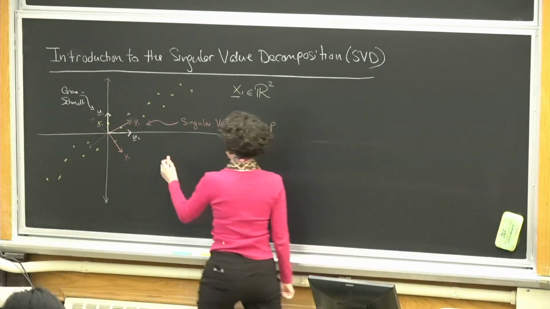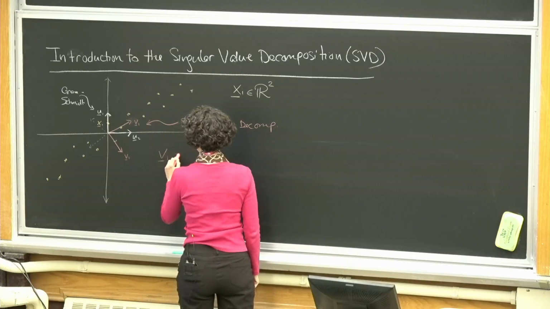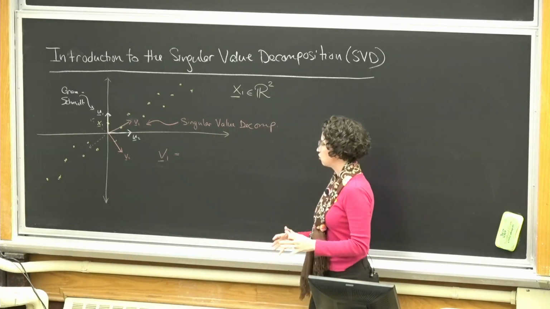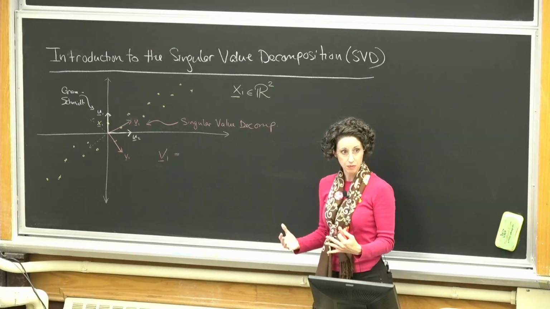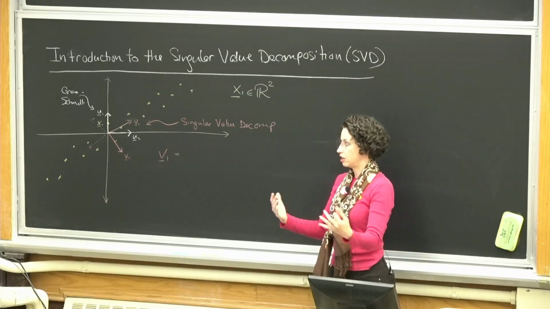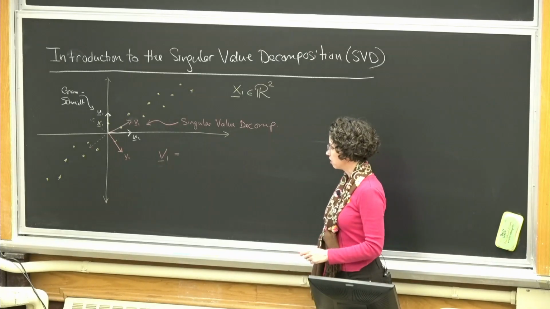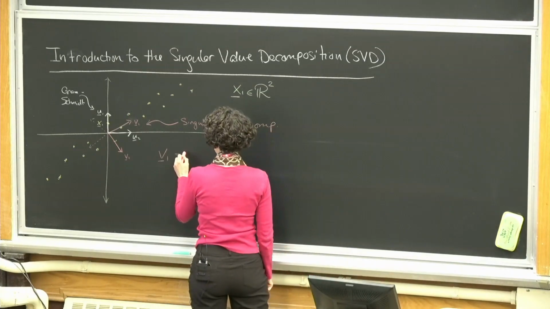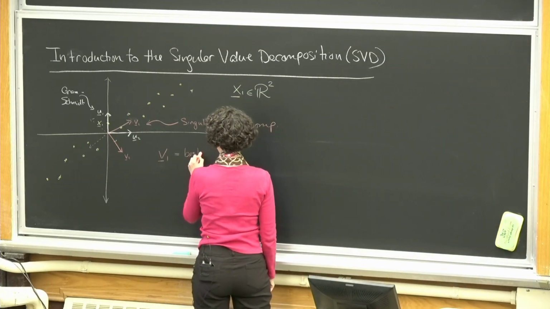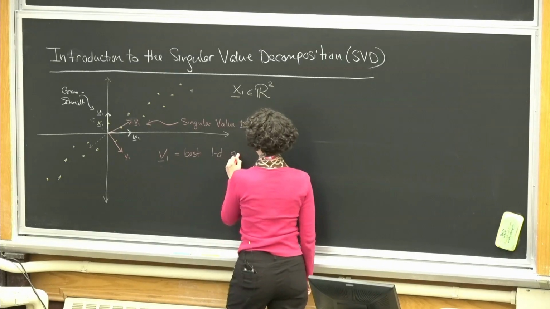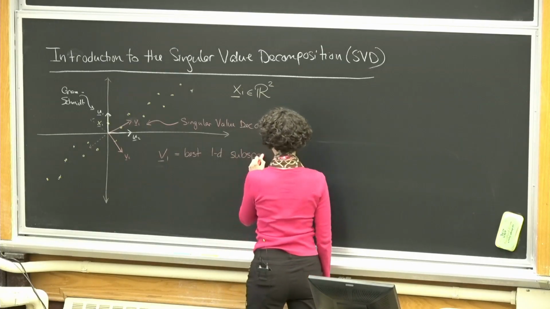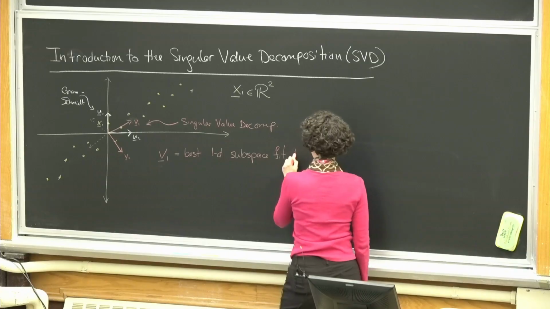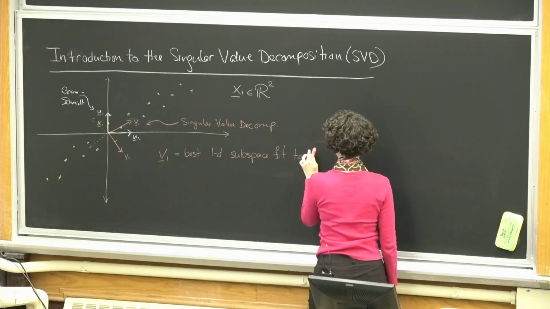And so in particular, V1, and this is what we're really going to focus on today, is just that first basis vector. And then we will build on that to get the entire singular value decomposition. But this first basis vector corresponds to the best one-dimensional subspace fit to the xi's.